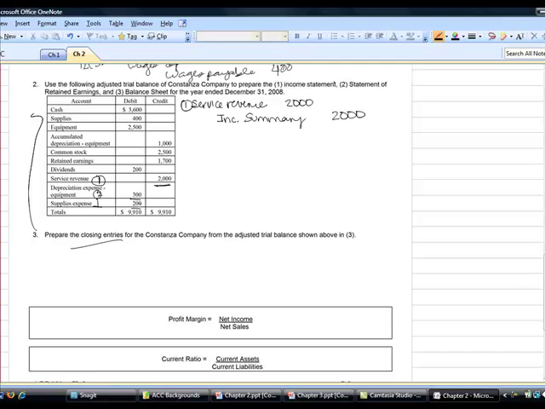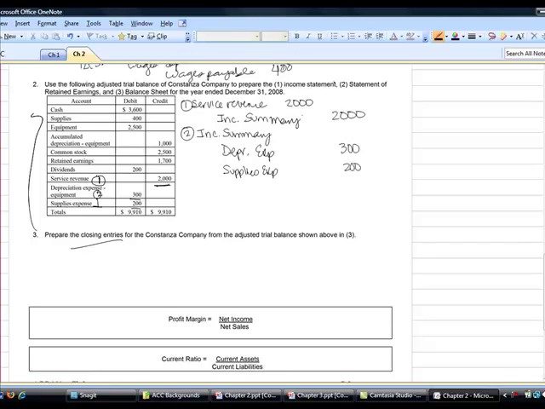Now we're going to close out the expenses. So we're going to debit income summary, and we don't know what we're going to debit it for. We're going to credit each of the expense accounts. Depreciation expense is 300 and supplies expense is 200.